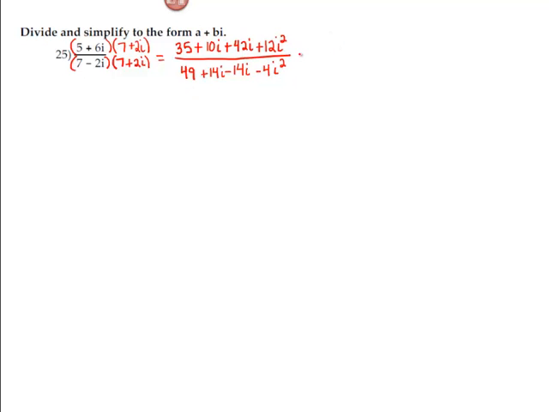So now we're ready to start simplifying. The bottom is pretty easy because those two middle terms cancel out. Then we have 49 minus 4 times negative 1 if we change the i squared. And that gives us 49 plus 4. Negative 4 times negative 1 is a positive, which means on the bottom we have 53. On the top we have like terms in the middle.